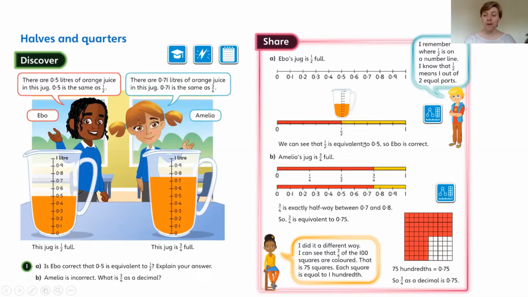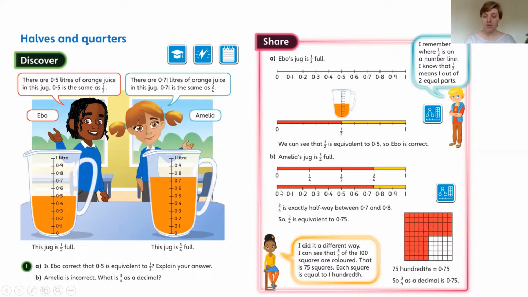So Ebo is correct. Now, Amelia's jug was 3/4 full. Amelia said that that was the same as 0.71 litres of orange juice. However, Amelia is incorrect. If we look at 3/4 on a fractions number line, we can see that it comes here, 3/4.